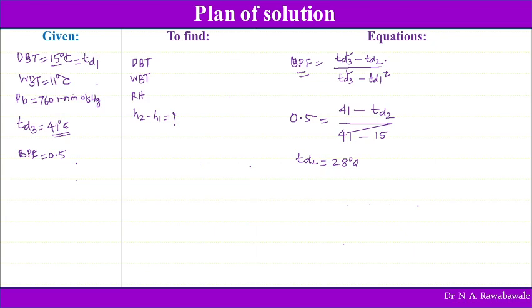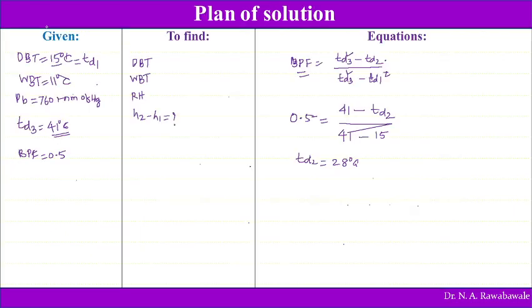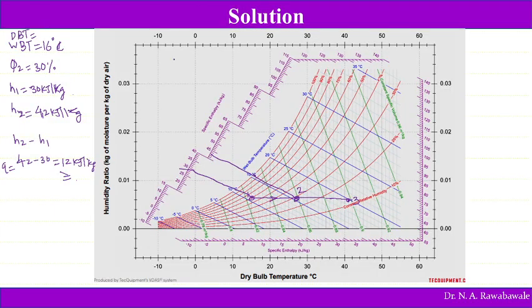So this was asked: dry bulb temperature, wet bulb temperature, relative humidity, and H2 minus H1. The DBT we obtained in the calculation itself is 28 degrees Celsius. The wet bulb temperature is 16 degrees Celsius, the relative humidity is 30%, and H2 minus H1 is 12 kilojoules per kg.